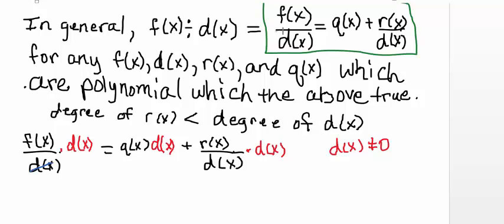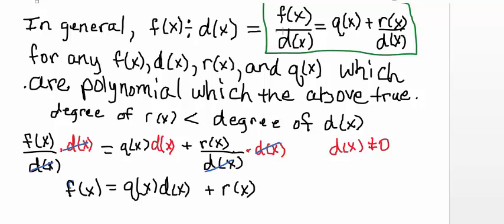And notice d of x can't be 0 because I can't divide by 0. And so this turns into f of x. Okay, so f of x, when I do this product, f of x is q of x times d of x plus r of x.